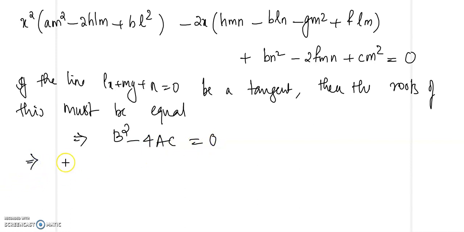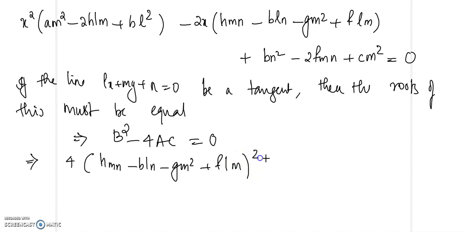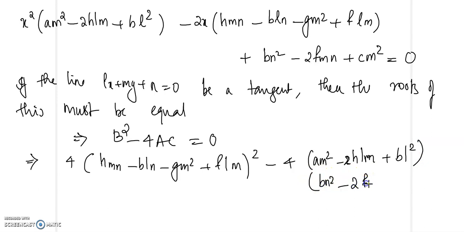So that will give 4 HMN minus BLN minus G M square plus FL M whole square minus 4 AM square plus 2H, sorry, minus 2H LM plus BL square into bn square minus 2f mn plus cn square. This must be equal to 0.